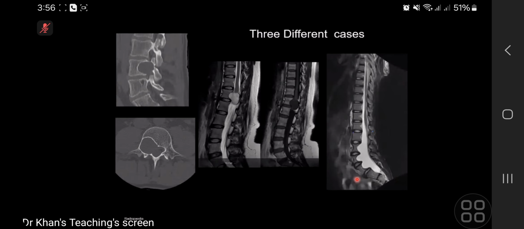Within the middle images, these are T2 and T1 sagittal images. I can see a well-defined intramedullary lesion causing expansion of the distal spinal cord.